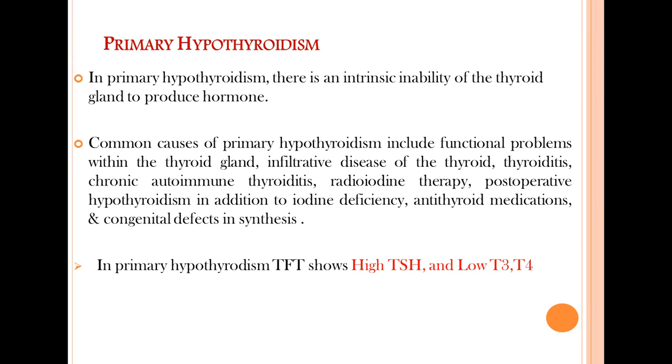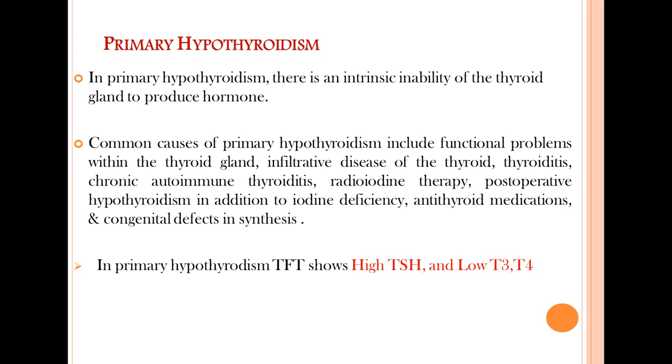It could be caused by radiation of the thyroid gland, repeated radiation in the neck area, and this may result in fibrosis and inability of the thyroid cell to produce the thyroid hormone. Sometimes there will be post-operative hypothyroidism when there is a history of hyperthyroidism and surgery was done to remove the active parts of the thyroid gland. Then after a period of time there will be hypothyroidism in the remaining part of the thyroid.